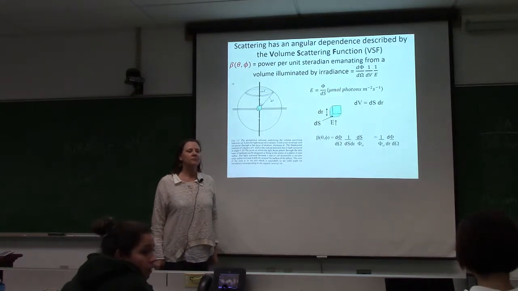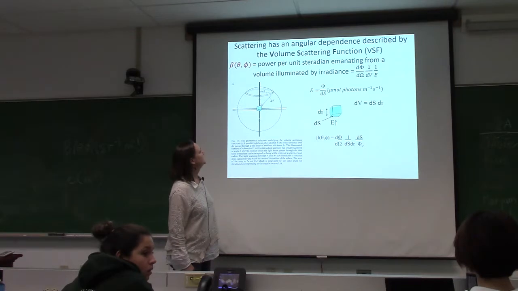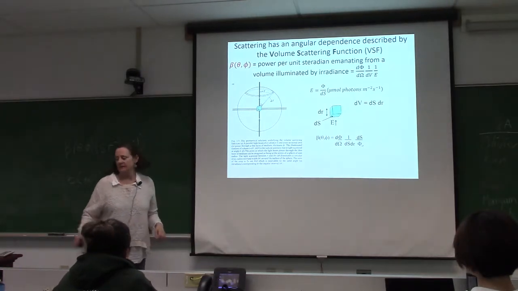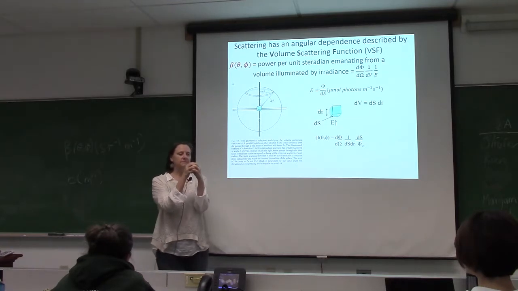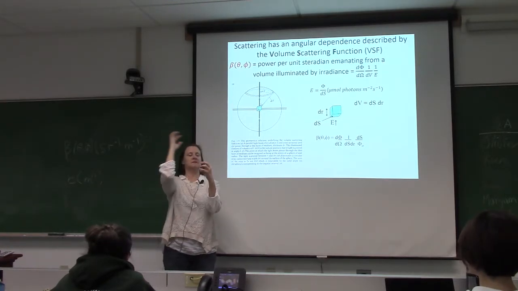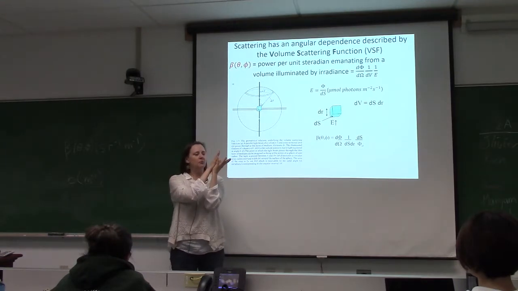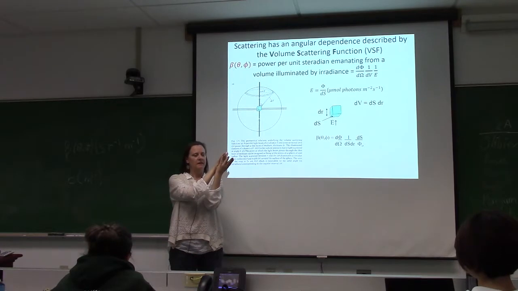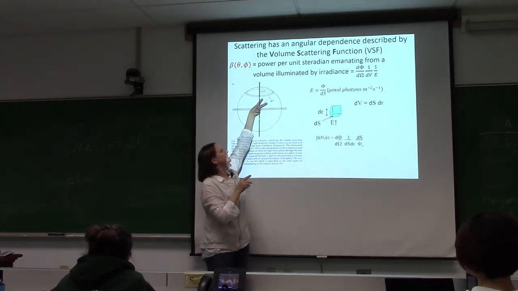Can you just conceptually explain what the solid angle is? Yes. If you have your volume here and you have a sphere conceptually around you, the solid angle is the cone for which you would have some discrete amount of scattering coming out.